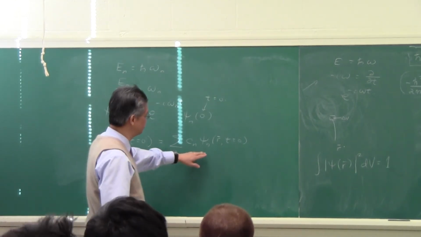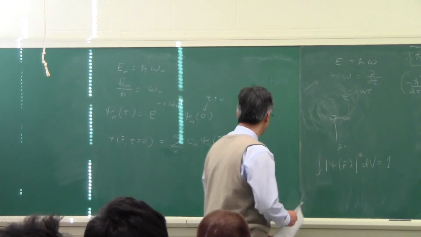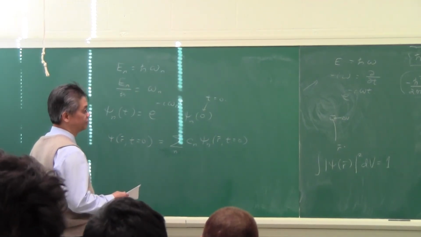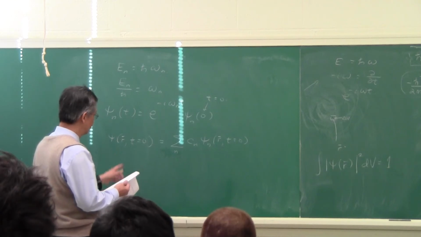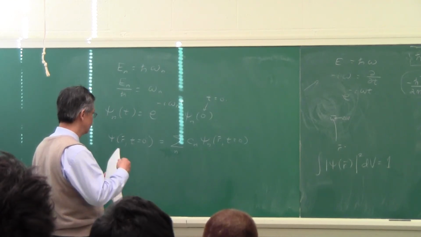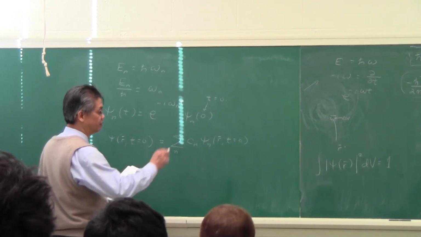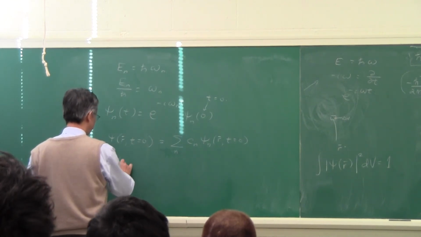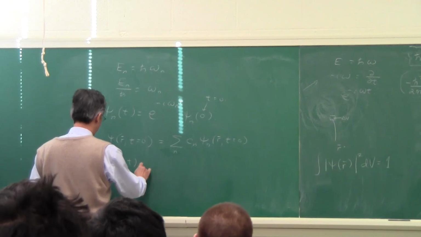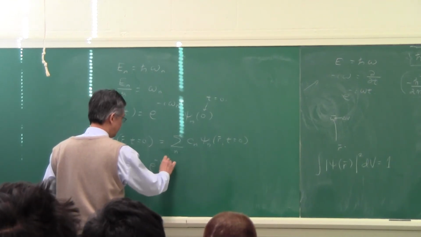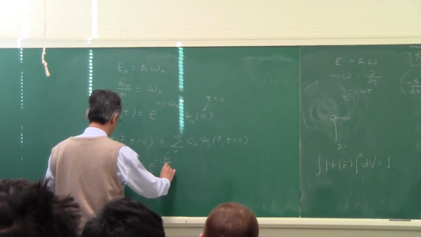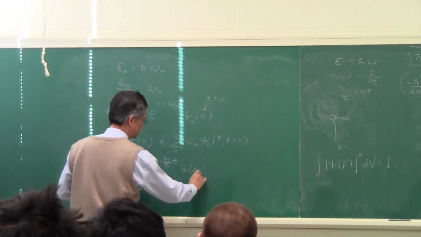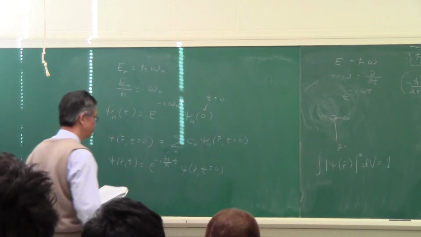So if you know the eigenfunction of the system at t equal to 0, we can use this property to find this function at a later time just by operating on that. Then you can see that psi of r, t is just equal to e to the i H hat over h bar t, psi of r, t equal to 0.